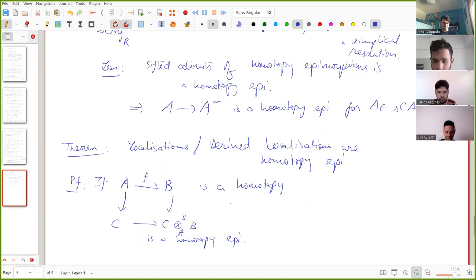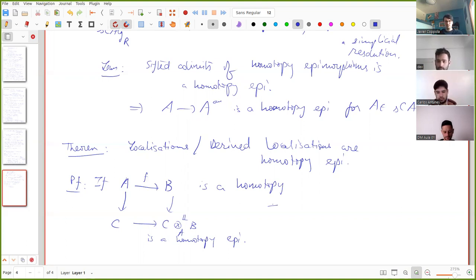And if you take some concrete cases, well, this applies in particular to the derived quotient. And that proves it for the derived localizations we consider.